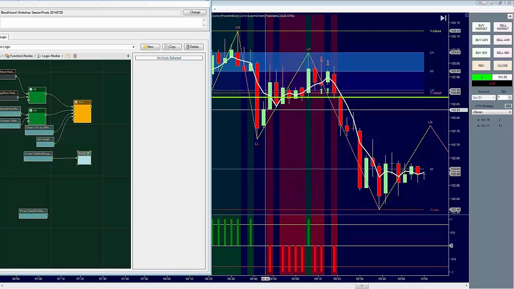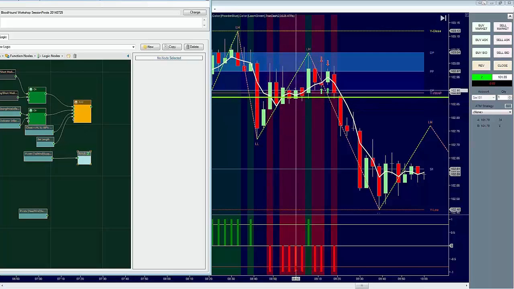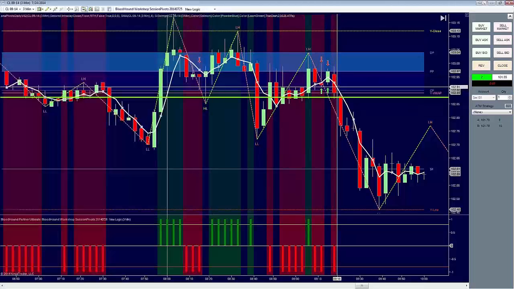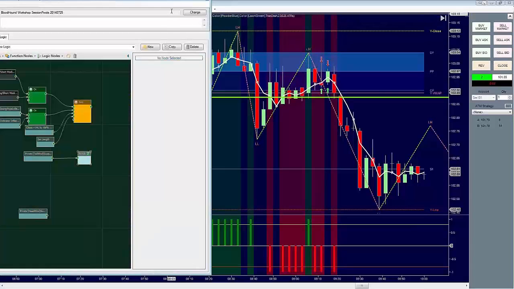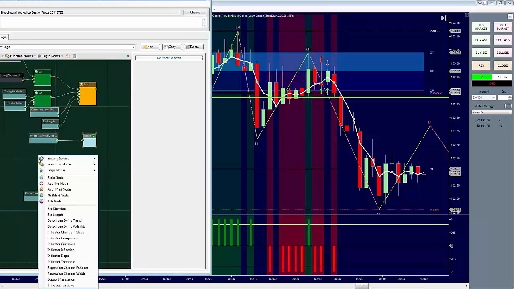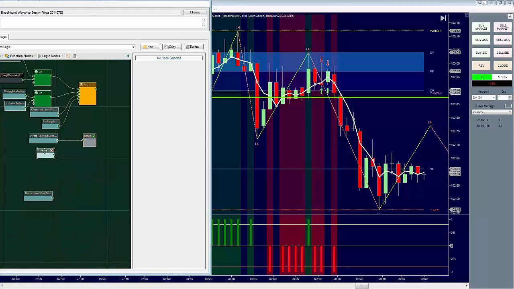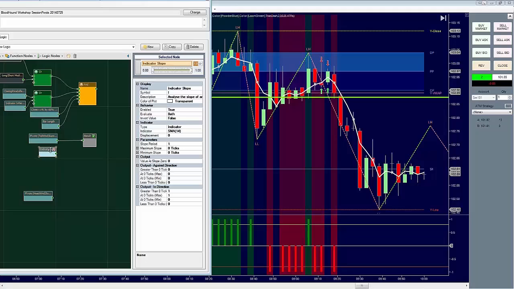So we only want to take shorts when price has been sloping up. So we could use this SMA4. Let me show you how you would do that, and then we'll try to use something a little more clever maybe. So we'll use the indicator slope solver, and I'm going to set this to an SMA4.